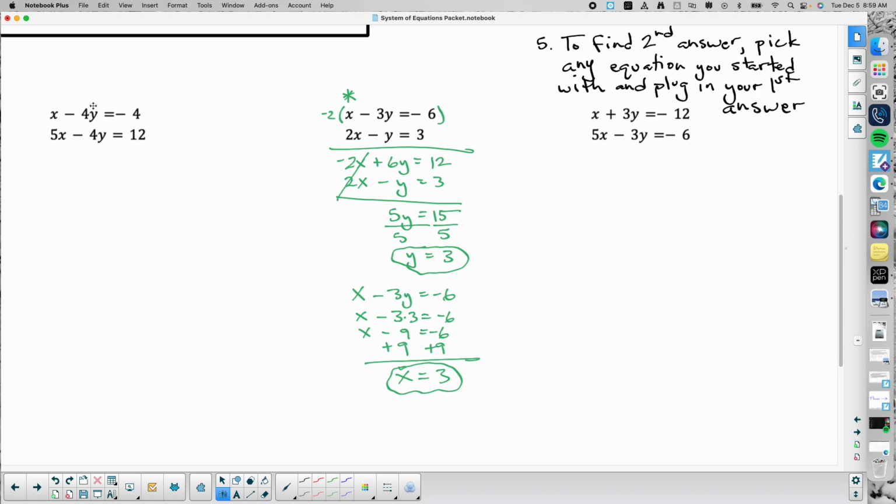So I need to make one of these a positive 4. I'm going to multiply the top equation by -1, and the bottom equation by nothing.